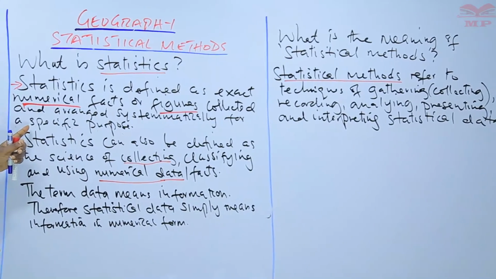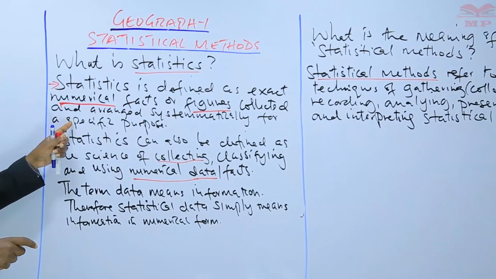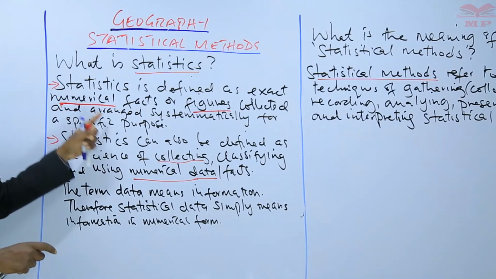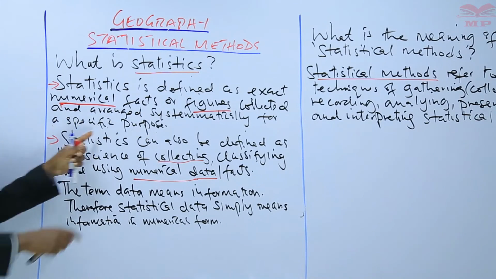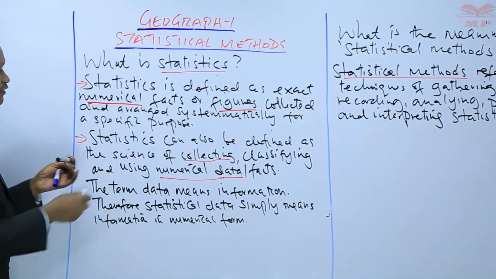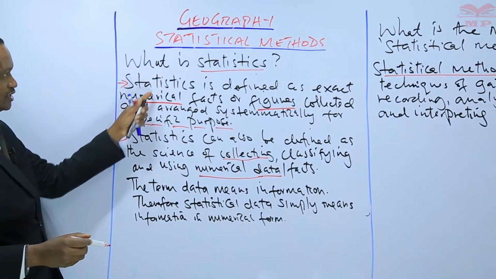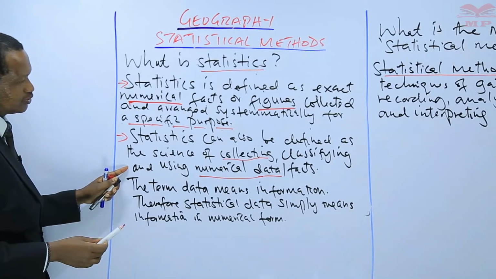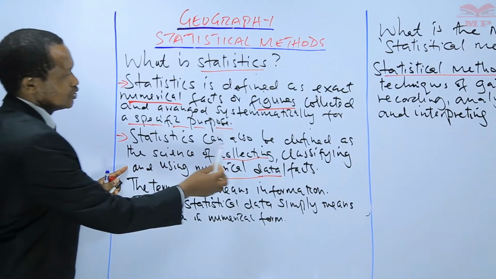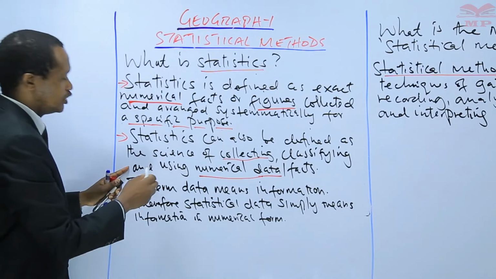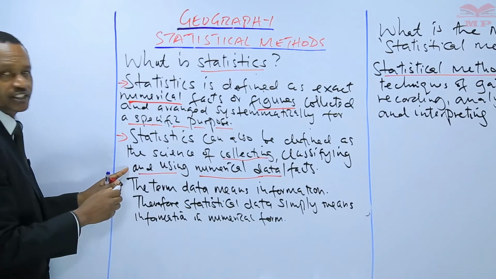We say that statistics is defined as exact numerical facts or figures collected and arranged systematically for a specific purpose. That is the first definition. In the second definition, we say that statistics can also be defined as the science of collecting, classifying, and using, learners.